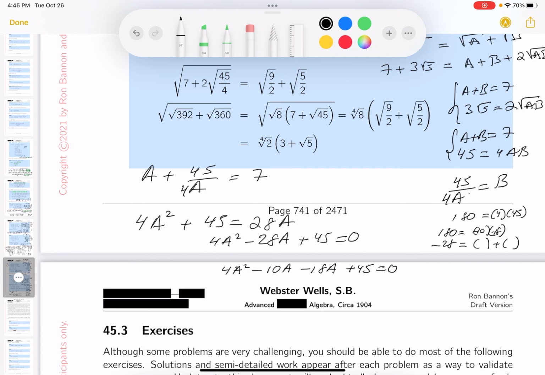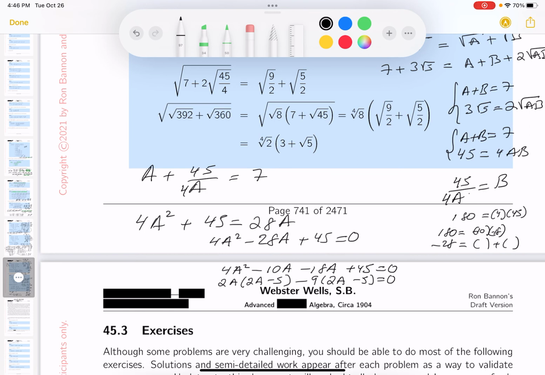And I'm going to factor the first 2 terms. That would be 2A. You would get 2A minus 5. Over here, what do you get? And I got to be careful. You're going to factor out a 9. You would get 2A minus 5 equals 0.